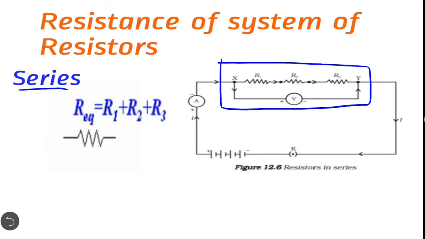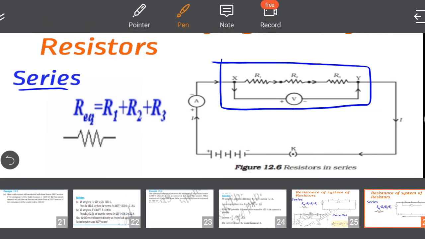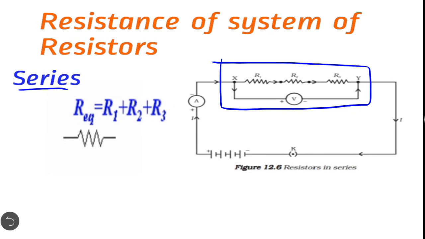If the resistors are arranged in series, you can write R equivalent is equal to R1 plus R2 plus R3. You will get the solution. In this condition, you have to note one important identity.